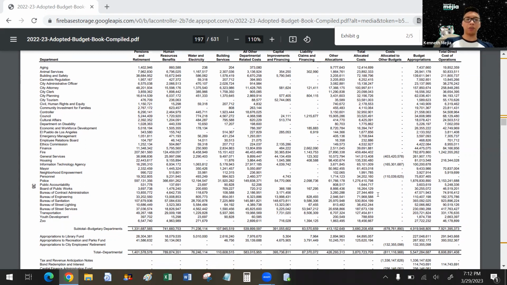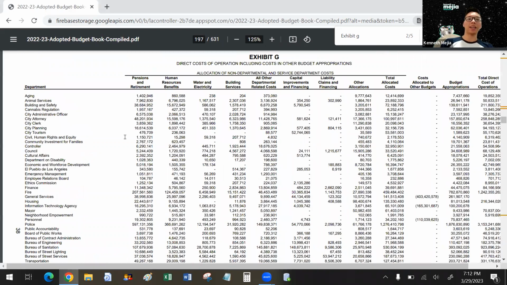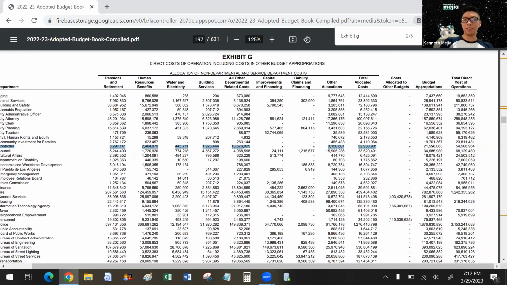So, using an example, let's use the city controller's office as an example of what our budget is. If someone were to ask me, say, Kenneth, what is your city controller budget? I would go to Exhibit G and go all the way to the right, and I would say it's $54.5 million.